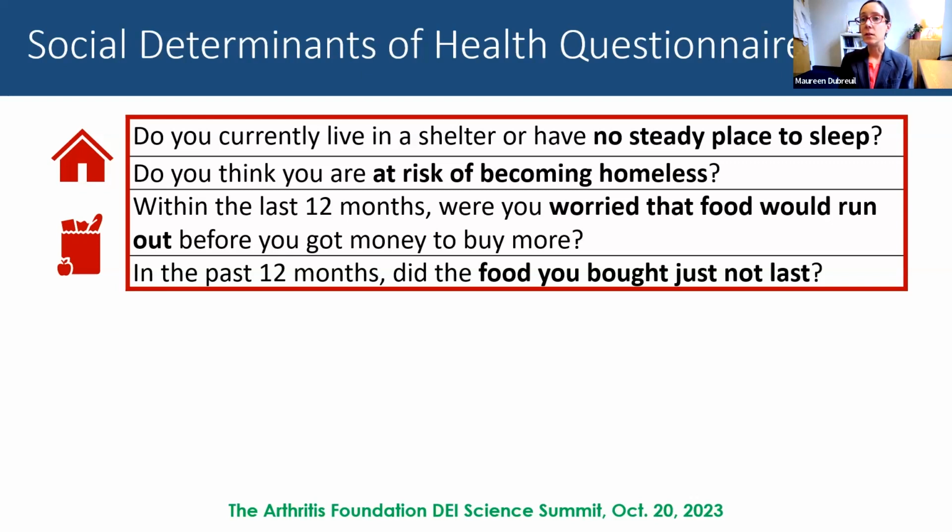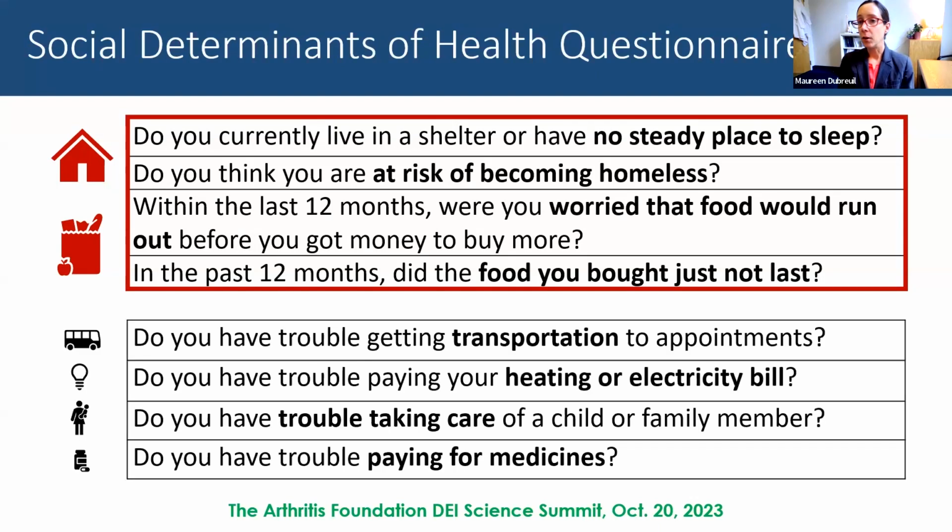And we considered that if a person ever answered yes to any of these 4 questions, they were considered to be at risk, to have a social risk factor. There were other items on the questionnaire that we did not consider as part of this study around security in transportation, paying for utilities, paying for dependent care, or paying for medications.